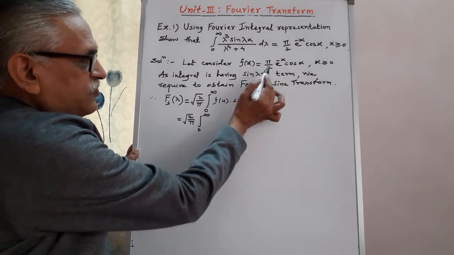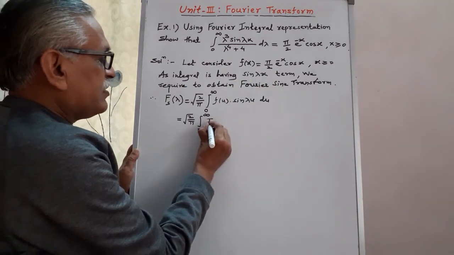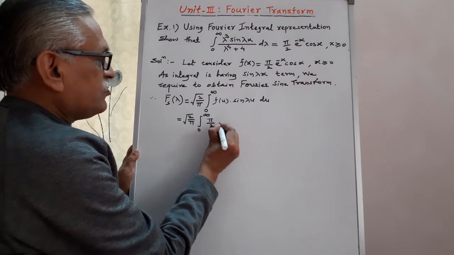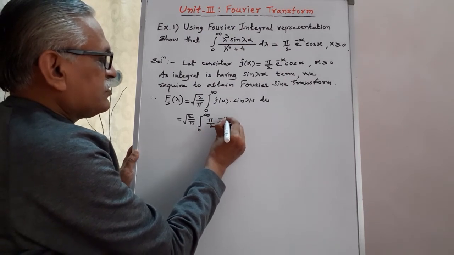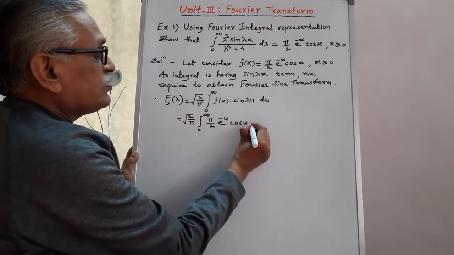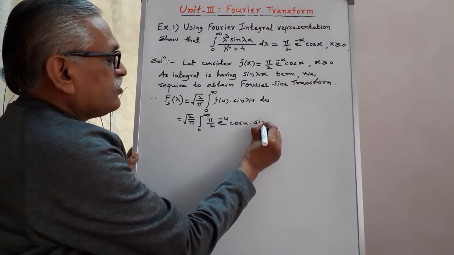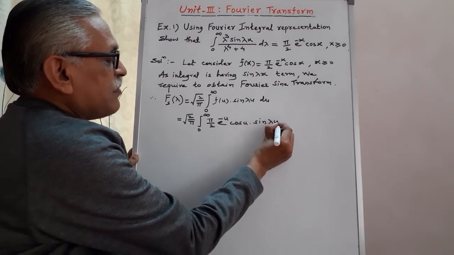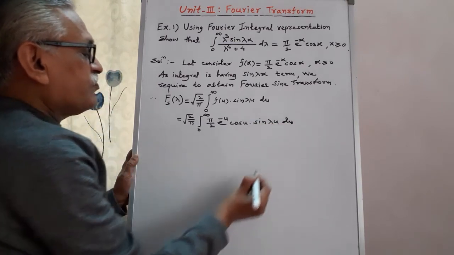Replacing x by u in this function, we get that term as pi by 2 e raised to minus u cos u into sine lambda u du.